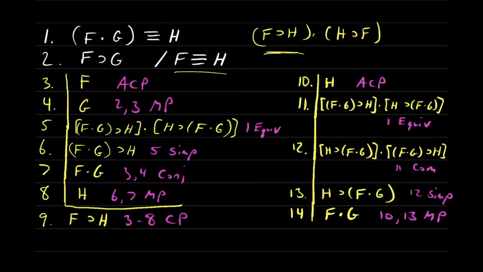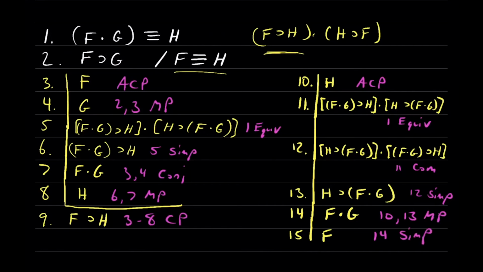And remember the goal here was to get F on its own line, which I can do right now, still inside the scope of this vertical line. So line 15 will be F, and that will follow from line 14 by simplification.